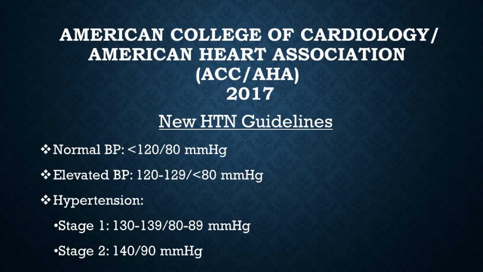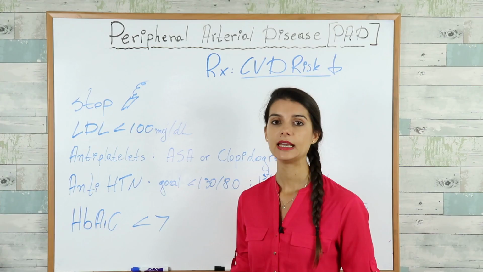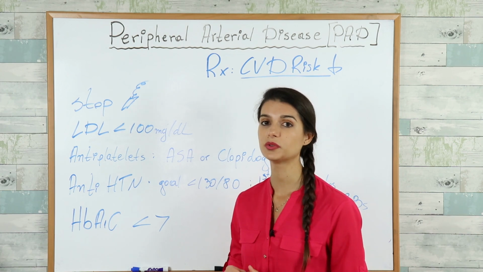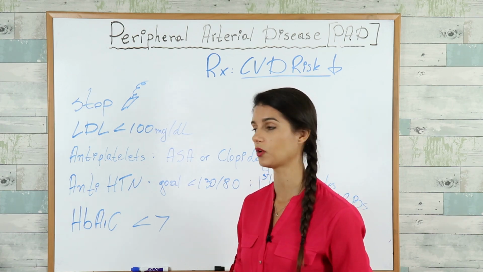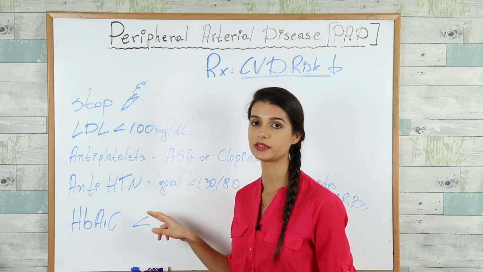Elevated blood pressure is considered 120 to 129 over less than 80, and hypertension is divided into two stages. Stage 1 hypertension is blood pressure of 130 to 139 over 80 to 89, and stage 2 hypertension is considered to be equal to or more than 140/90. And if the patient is diabetic, you want to keep their diabetes under control with HbA1c levels less than 7.